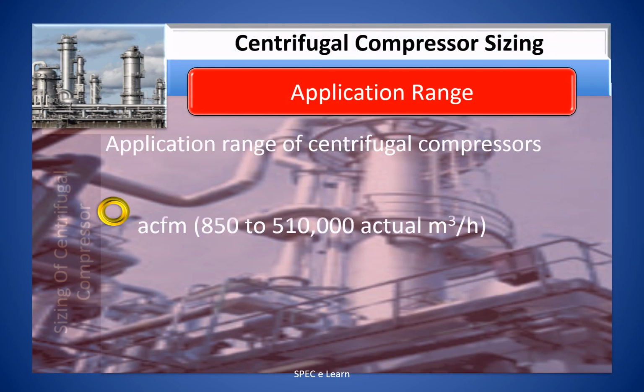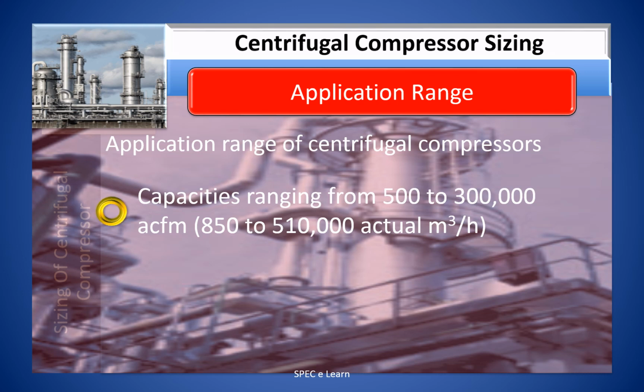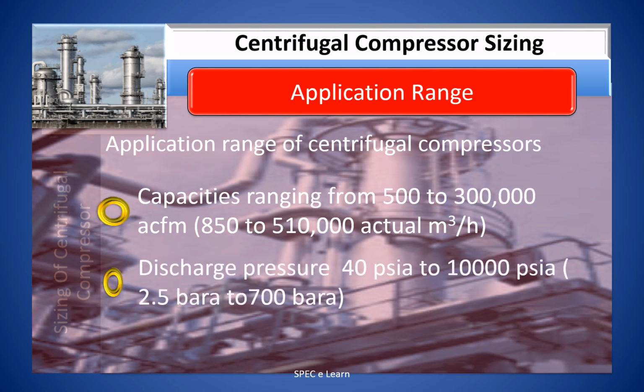The application range of centrifugal compressors: capacities ranging from 500 to 300,000 actual cubic feet per minute, which is equal to 850 to 510,000 actual cubic meters per hour.